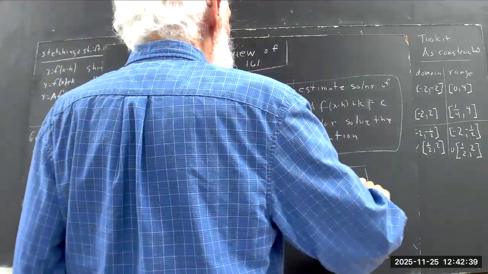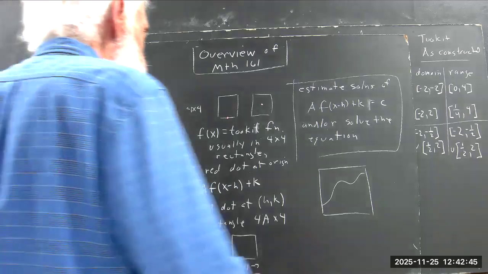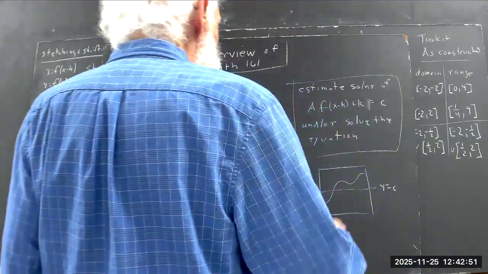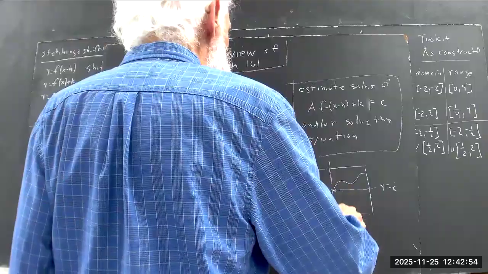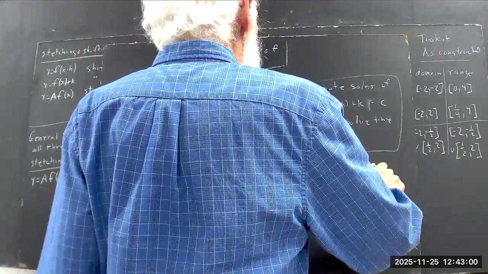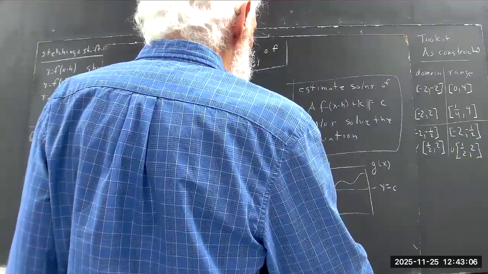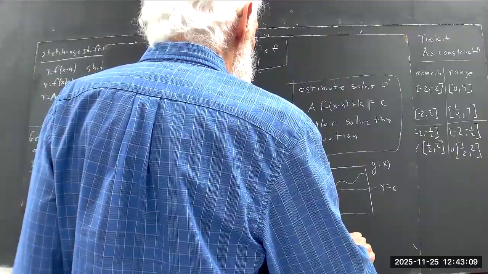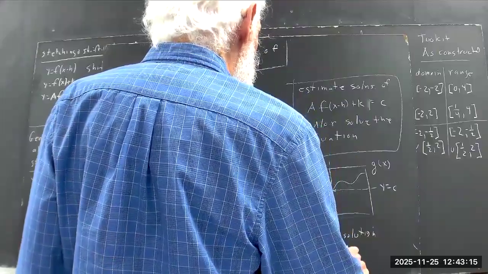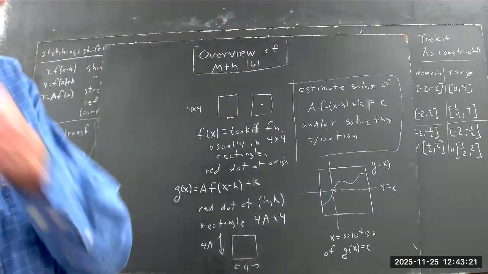now none of our toolkit functions give us graphs that look like this, but just say we have a function. If we have a line, let's say y equals c, and this is a graph of some function, g of x, this x value is a solution of g of x equals c.